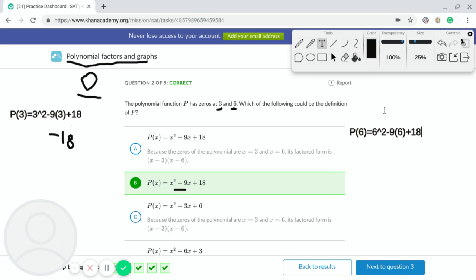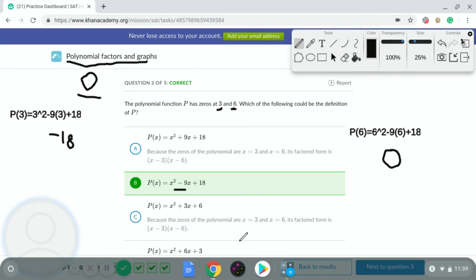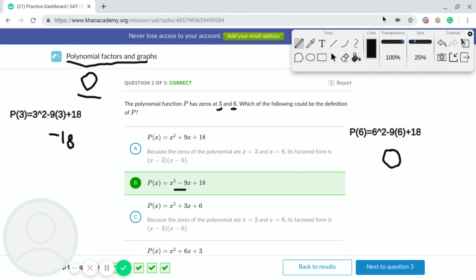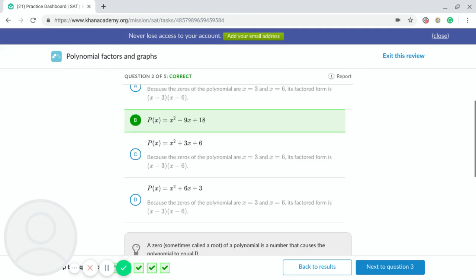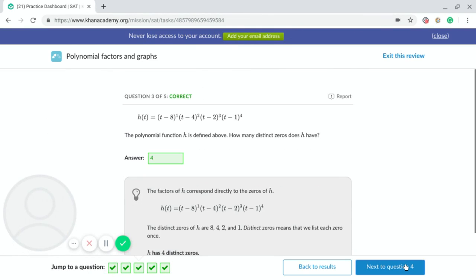Alright, so 36 minus 54, 36 take away 54, is negative 18, plus 18 is 0. Easy peasy, done. So, that's that one. Could have jumped on this boat from the start, considering none of the other ones were going to get you anything but a positive number, like at all. But yeah. Next question.